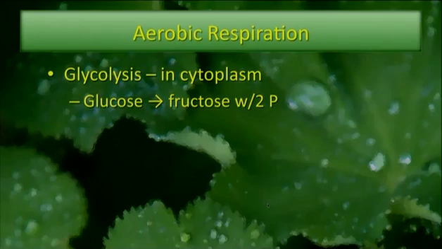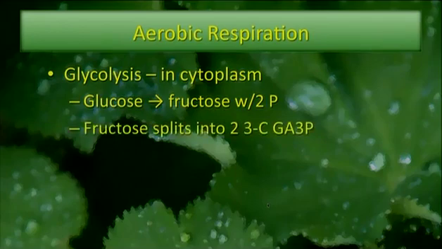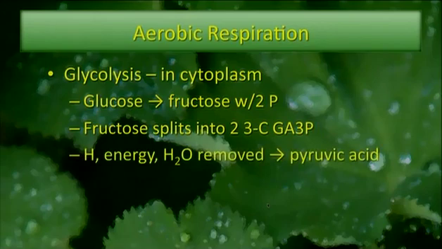Then fructose splits into 2 3-carbon glyceraldehyde 3-phosphates. Then hydrogen, energy, and water are removed, and it results in the formation of pyruvic acid. So some small amount of energy is released and hydrogen is removed.